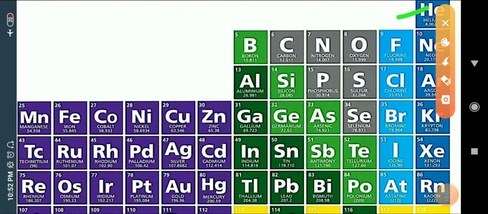This is the 18th group or 0th group of the periodic table, and this group contains all the inert gases.